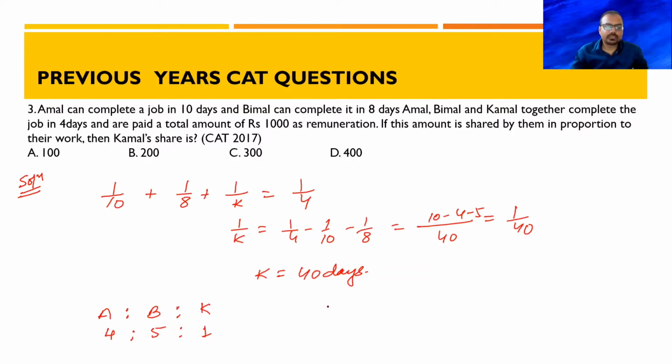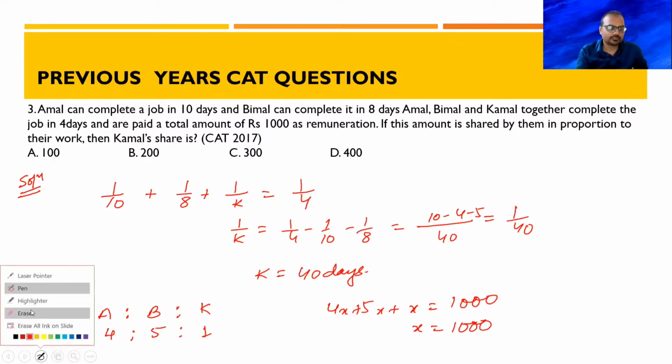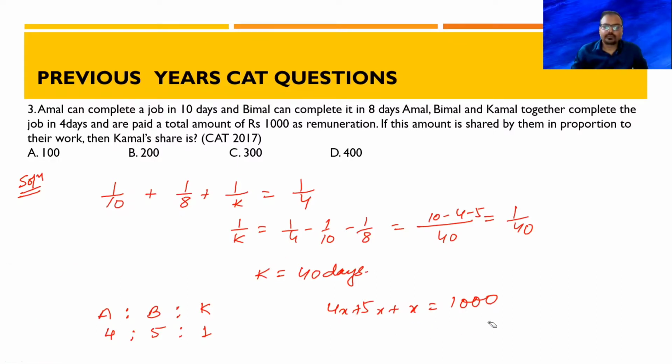So 4:5:1, that is 4x plus 5x plus x equal to 1000. So here we say that x equal to 100.